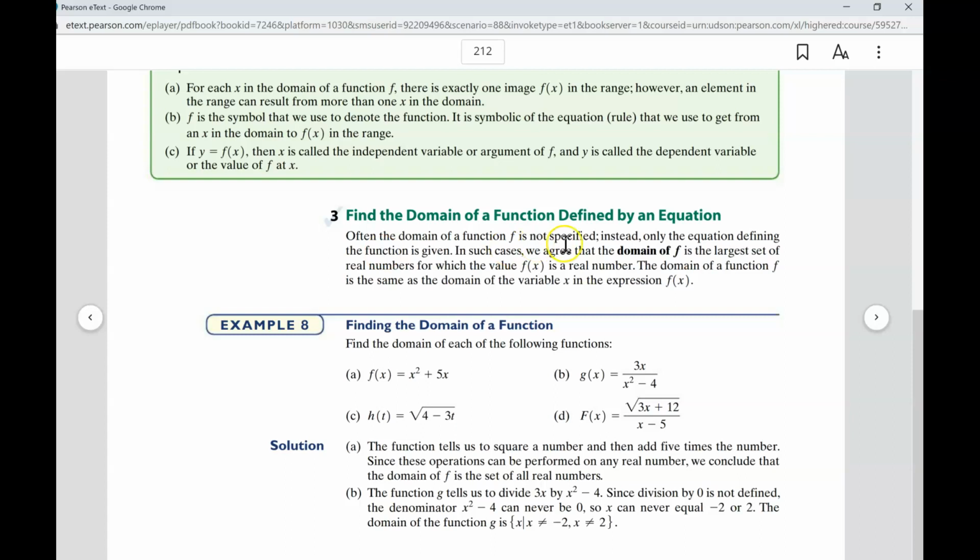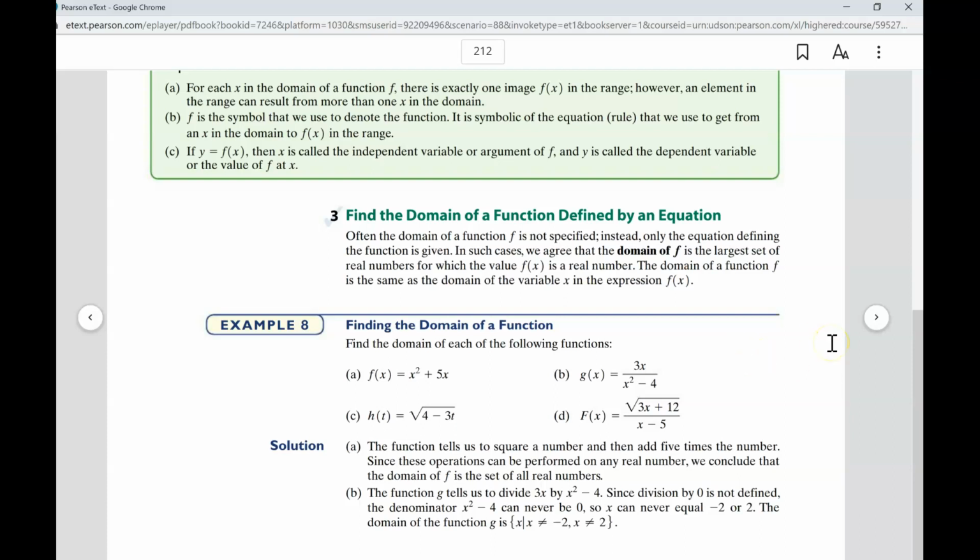Okay, often the domain of a function f is not specified. Instead, only the equation defining the function is given. In such cases, we agree that the domain of f is the largest set of real numbers for which the value f of x is also a real number. So it's any number x that you can put into the function, and when you put it in, it results in a real number also for y.